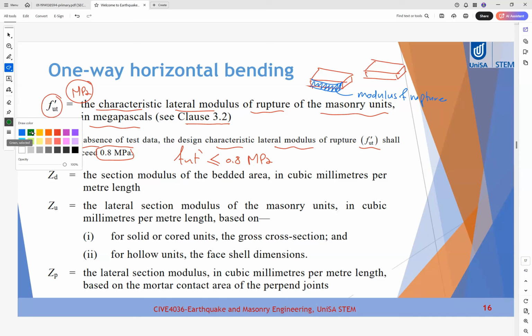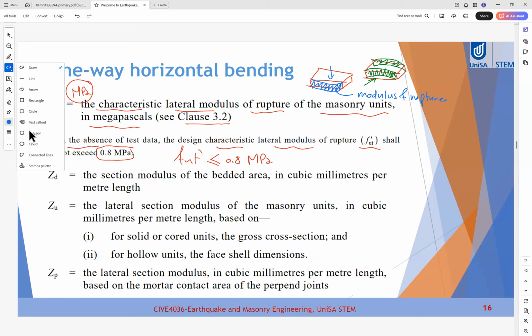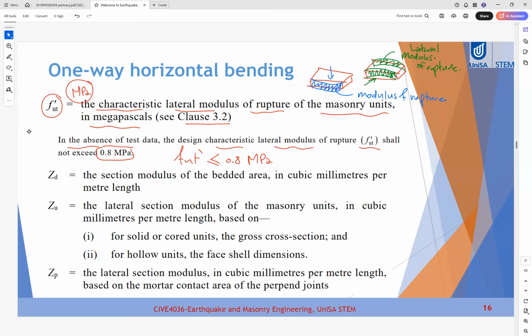So if it bends horizontally, this one bends in the vertical direction. If it bends in the horizontal direction, the modulus of rupture is called the lateral modulus of rupture. Okay, so we have the lateral modulus of rupture.